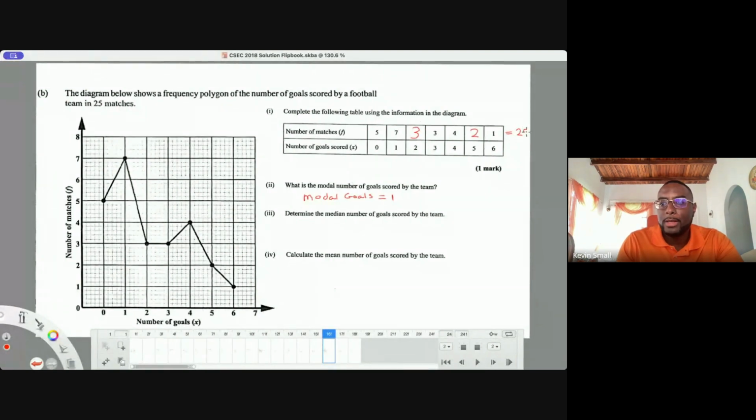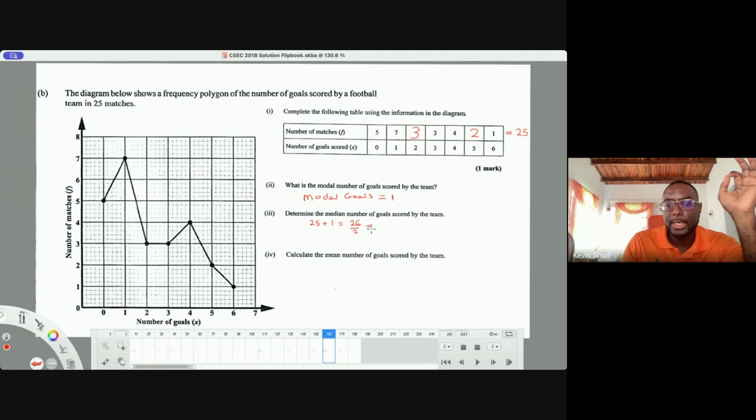So when you have an odd number of things, that means you have an exact single number for the median. To find that number, you will say, look, 25 plus 1 is 26, and then divide it by 2.